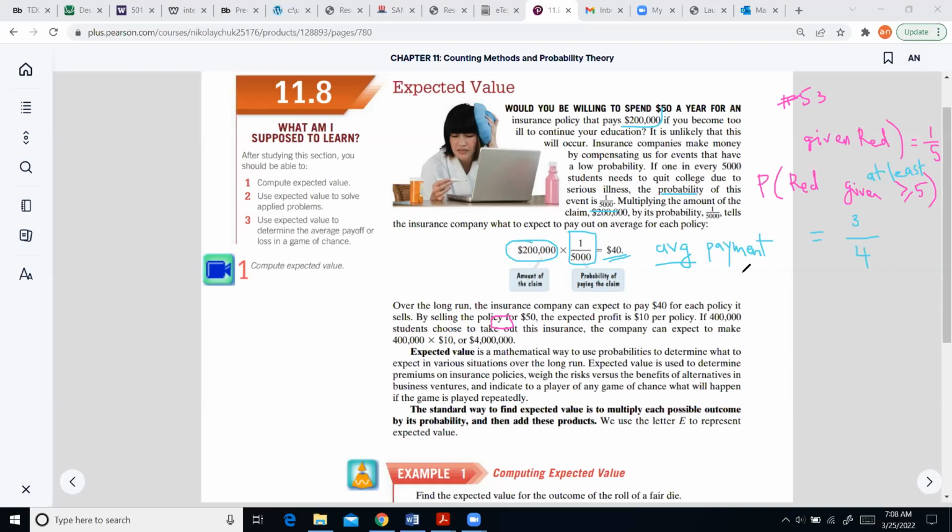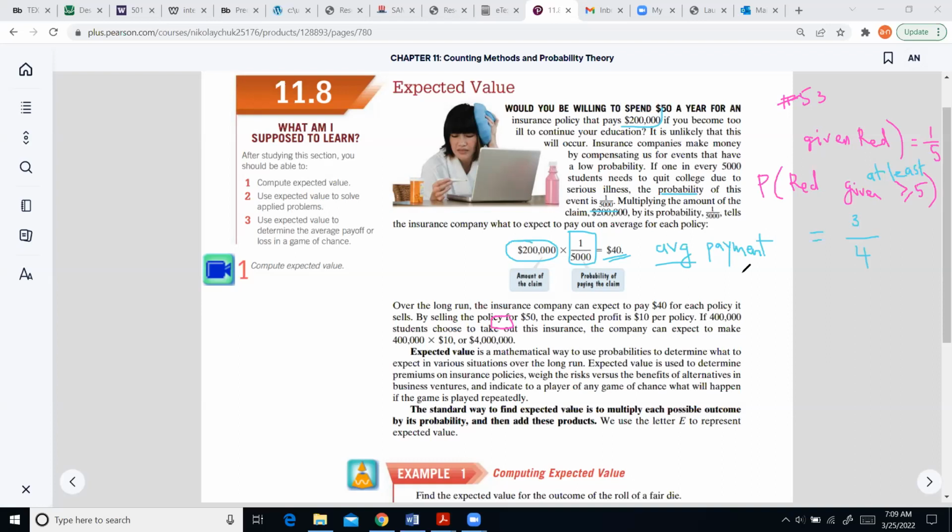So they can say, we will insure you for, let's say, $100. So just pay $100, and if you get ill, then we'll pay you 200,000. In the case you cannot continue your education.